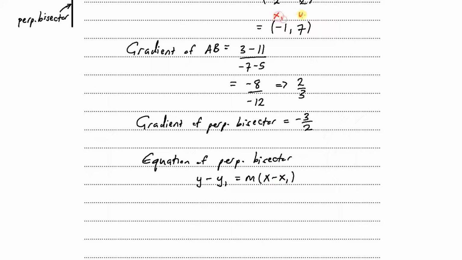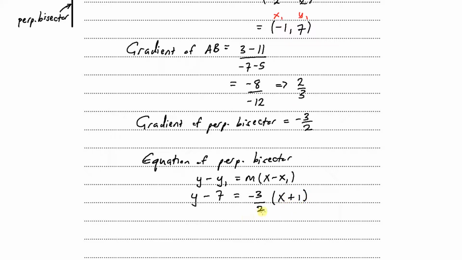So x1 and y1 are these points -1 and 7. So I'll have y minus 7 is equal to m, that's the gradient, -3 over 2, of x minus the x1, which in this case is -1. So it becomes +1 here.